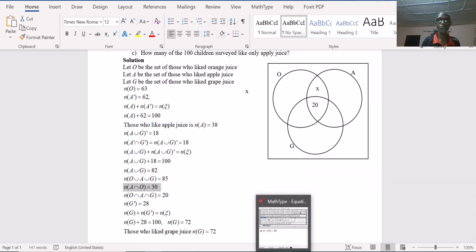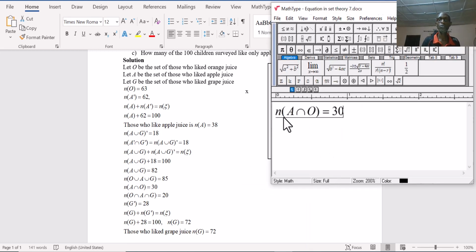So I need to get A intersection O intersection G complement. That means those who don't like grape, they like apple, they like orange, but they don't like grape.